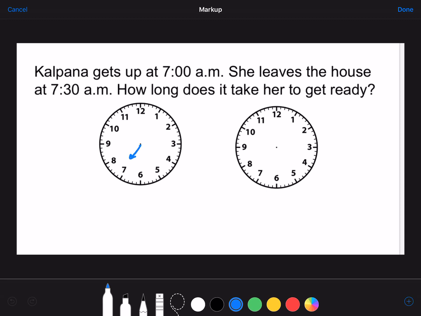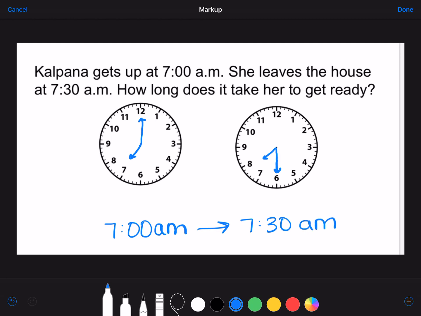So we would start at the 7 o'clock. That's when she wakes up, and we would be ending at 7:30, making sure that our hand is between the 7 and the 8, and then 30 minutes is down here at the bottom. When I go from 7 o'clock a.m. to 7:30 a.m., I notice that the hours haven't changed.